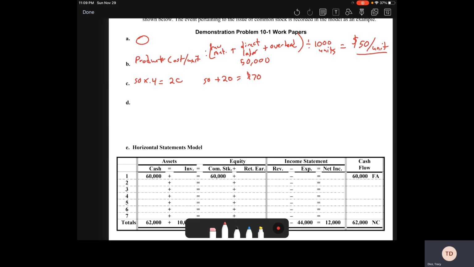And that's what most of our examples have started with throughout this year, simply acquiring $60,000 from common stock. And they gave it to us in cash, so we have $60,000 cash from common stock.